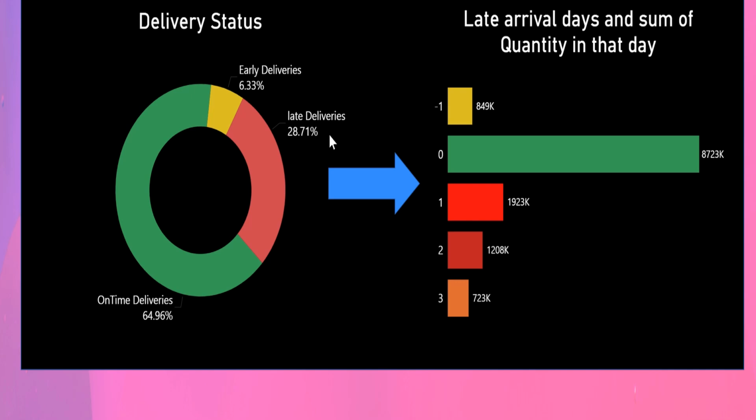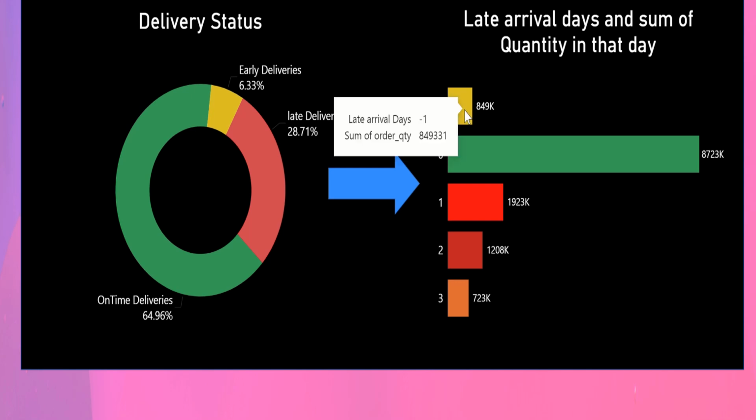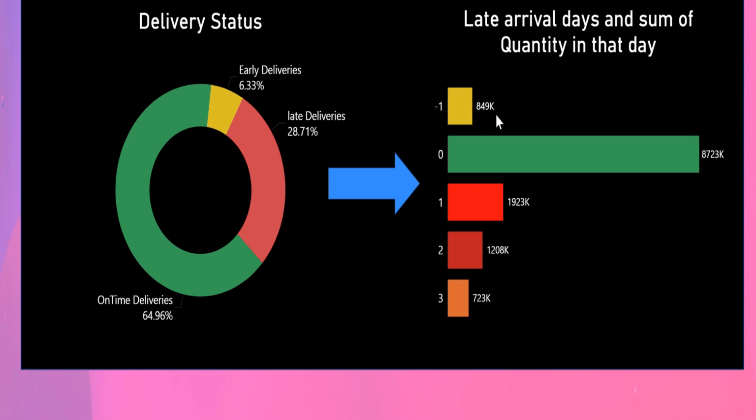So if you just see on the right hand side, you can see the bar charts based on the days. From here you can see this yellow color reflects the early deliveries. The early deliveries quantity is 849, and we are doing early deliveries just 1 day before the agreed date, and that is also a good thing, because we are not doing it 5 or 6 days early.